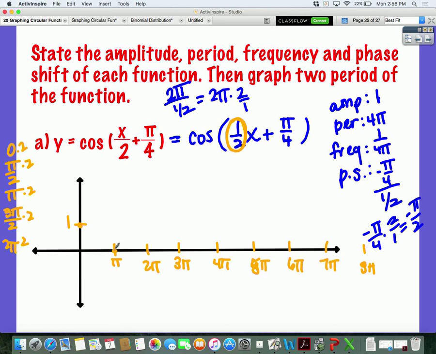Pi. What's pi times 2? 2 pi. What's 3 pi over 2 times 2? 3 pi. And what's 2 pi times 2? 4 pi. And so I would be continuing the same pattern for another period.